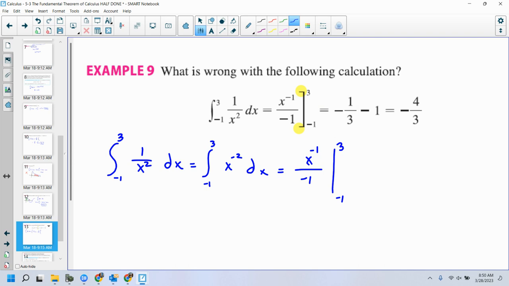Okay, so they didn't screw up yet. It's interesting to say that what is wrong, because there's obviously something wrong. Well, that would be, bring the negative out, -1 over x, from -1 to 3.